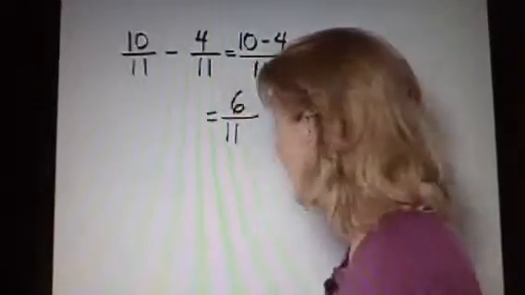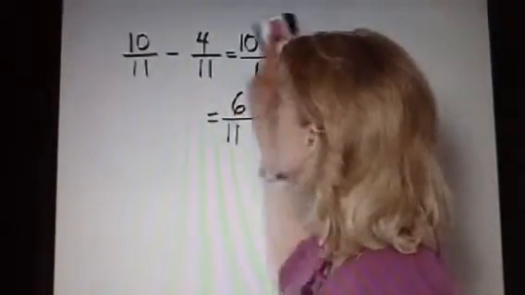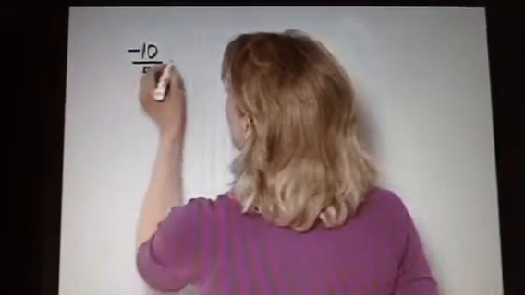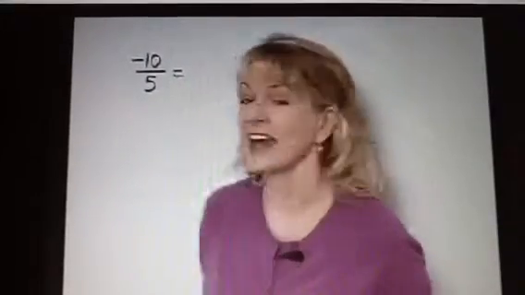Now, before I continue, I want to review something very important, and you've got to remember this when working with fractions, and that is the following. Let's suppose I have, say, -10 over 5. And think of that as division. Think of the fraction bar as division.